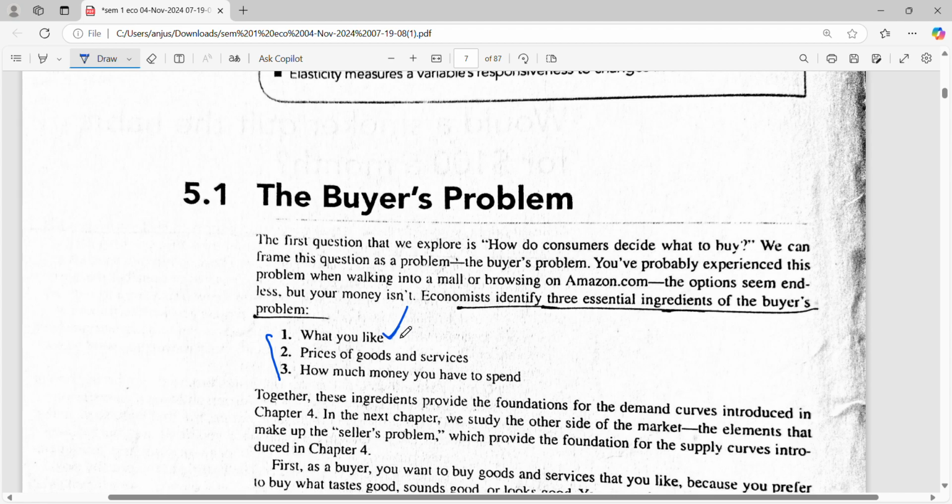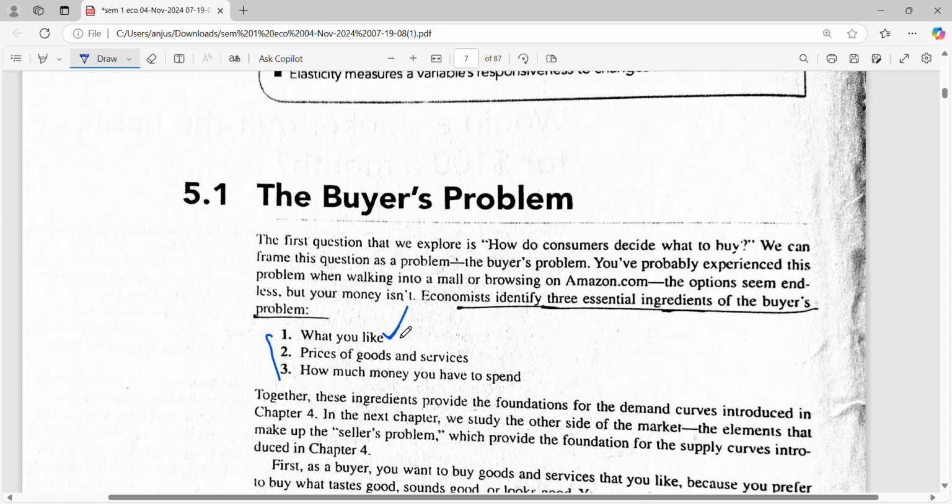Before moving to the second part: as a buyer, you want to buy goods and services that you like, because you prefer what tastes good, sounds good, or looks good, right? You just want the good things. Prices have to be checked.